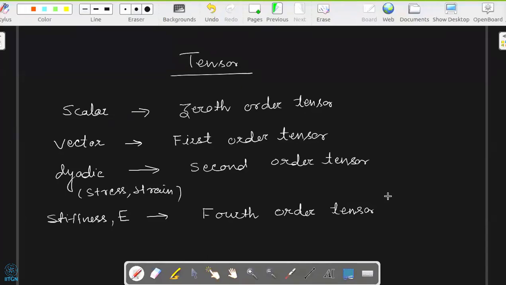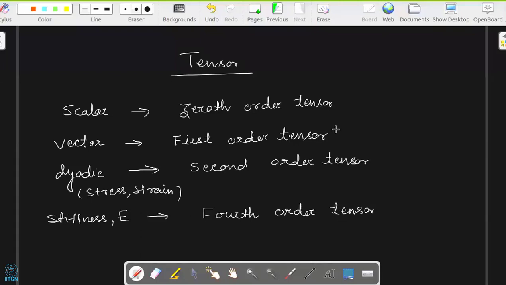That's why it is very important, because we have to deal with the deformable body. So it is very important to understand what is the mathematics of the tensor, and that we will discuss in this course. So this is about what is tensor, what are the different types of tensor, what is the order of tensor, and so on.